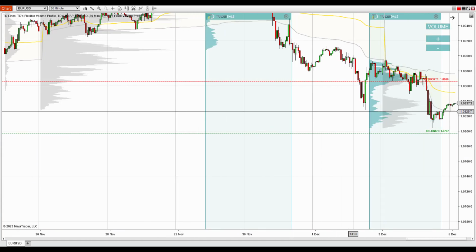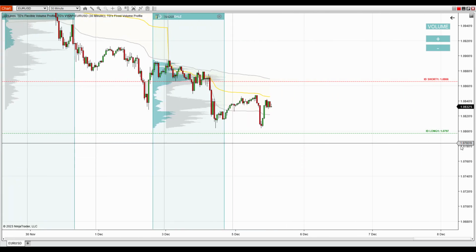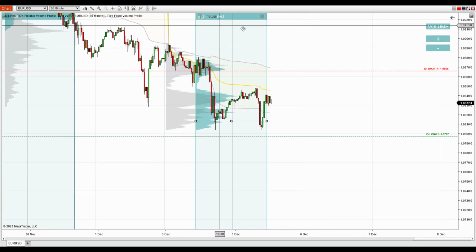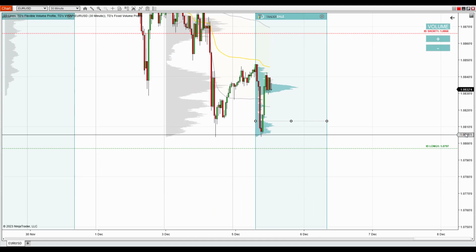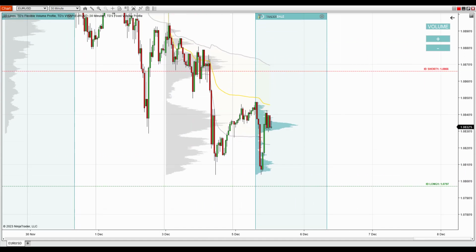And currently there is also one thing which I wanted to comment on, and it is this recent development on euro, because what happened here was that there was a sharp reversal of lower prices. As you can see, heavy volumes were traded in this area where that reversal took place.